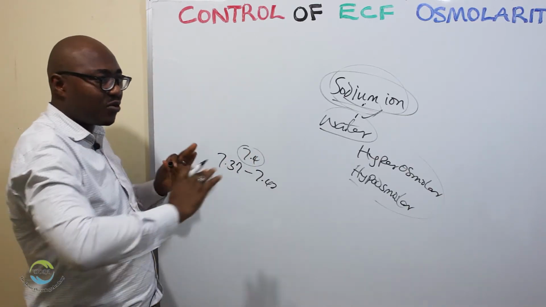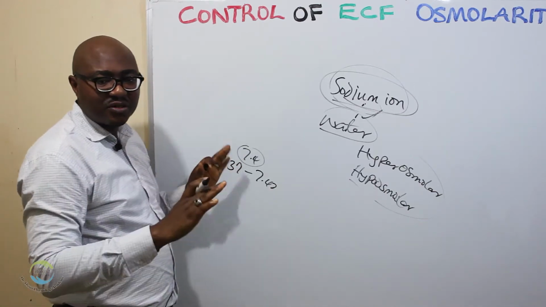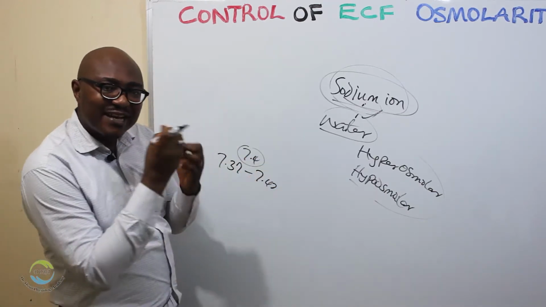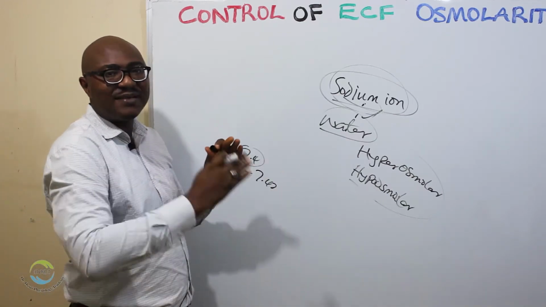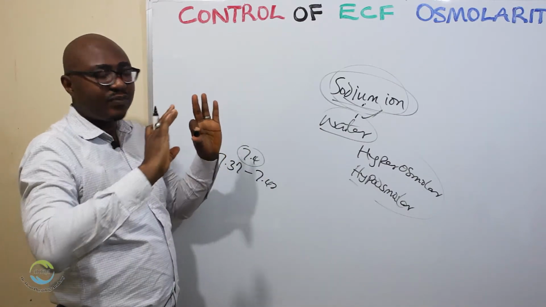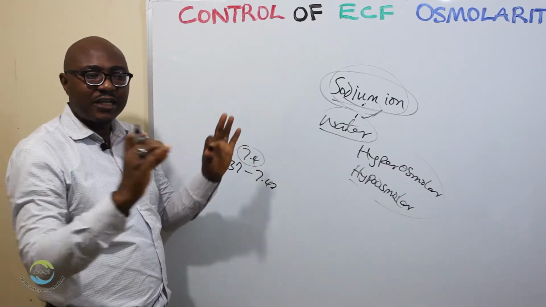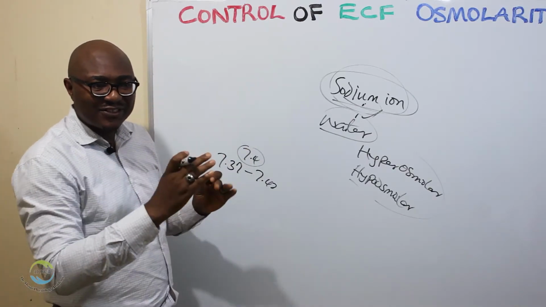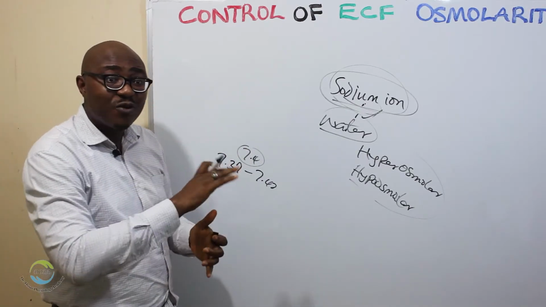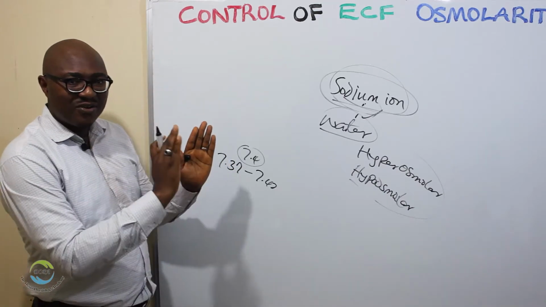Because if it goes too much to the right or too much to the left, they become inactive, sometimes even denatured, because enzymes are made up of protein. And we said also that those enzymes are involved in all the biochemical reactions in the body, and biochemical reactions are the basis of all physiological processes. So that's how we understood that.